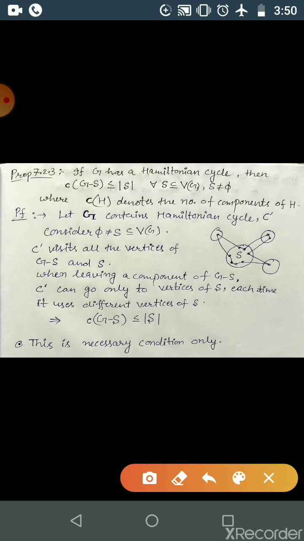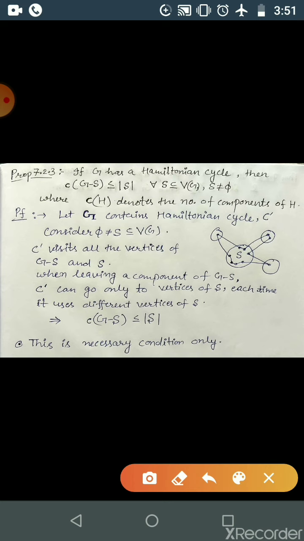Correct. So here C' can go to the vertices of S only, because it is leaving from here, and here also it is leaving and going back to S, and it can also visit some more vertices in S, that is, S can contain more vertices. Also, since this is a cycle, no vertices should repeat except the starting and ending vertex.